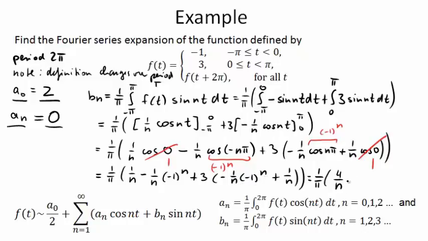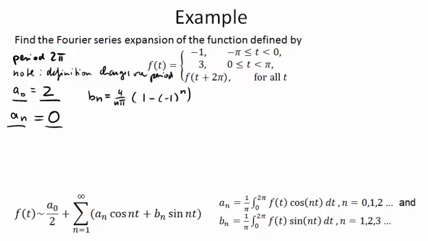So this comes to minus 4 over n, negative 1 to the power of n. And another way of writing this would be taking out the 4 over n, and we get 4 over n pi times 1 minus negative 1 to the power of n. Again, I've tidied this up a bit.